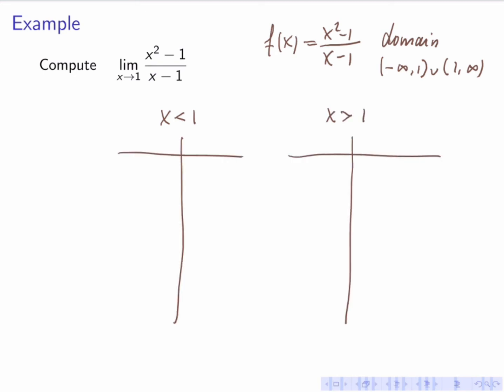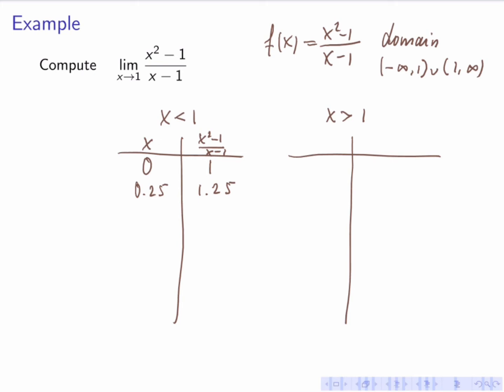And I just do this procedure as explained in the previous slide by letting x get closer and closer to 1 and computing the value of the function f. Here will be the value x, and here is x squared minus 1 divided by x minus 1. So for example, if I start lower than 1, I could start with 0. If I sub in 0, I get 1. If I sub in 0.25, I get 1.25.